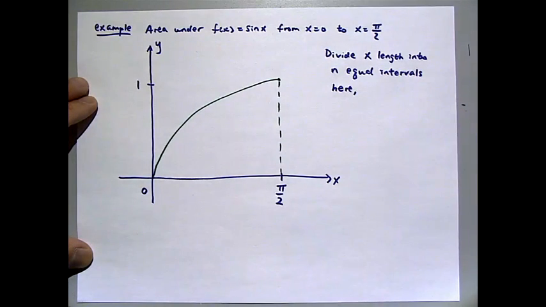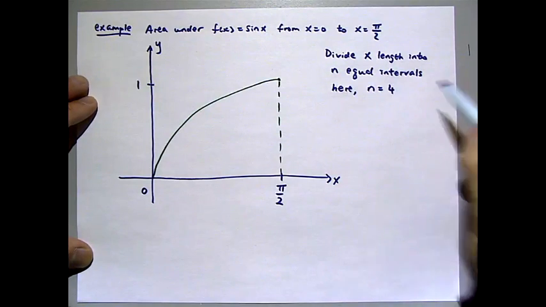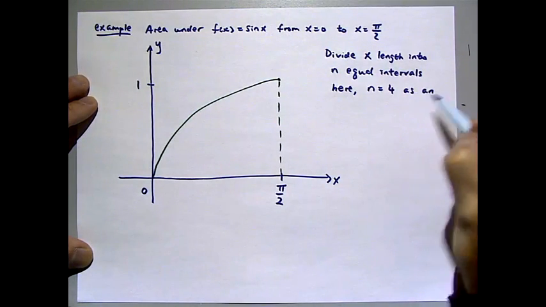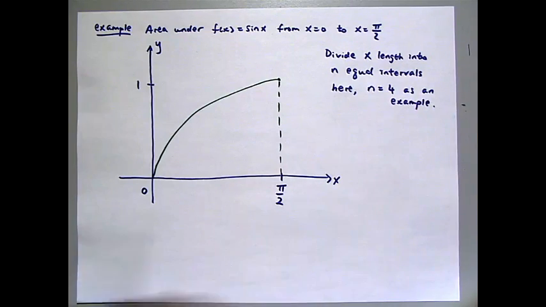Here as an example, let's use n equal to 4. But that's a number that you choose.